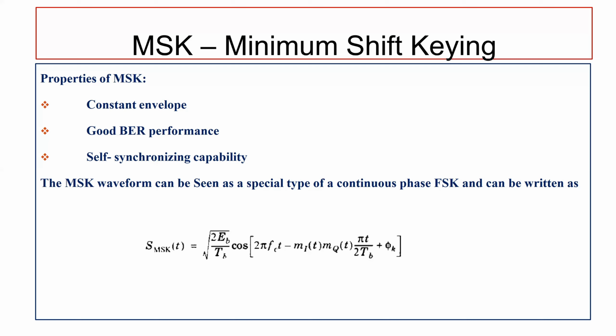The frequency will be changing by mI of t, mQ of t, pi t by 2 Tb, and pi k is nothing but your change in phase. So it will be starting from t equal to 0 and subsequently varies up to the duration. So automatically it is going to be varying with plus or minus.